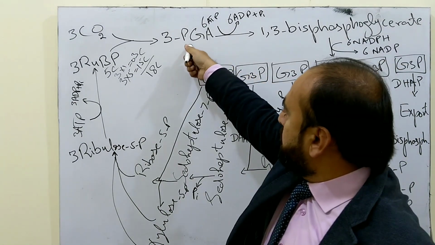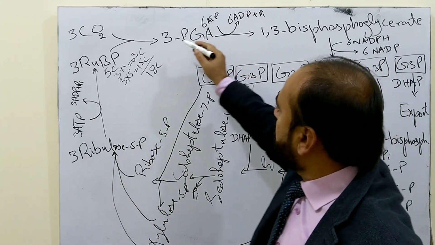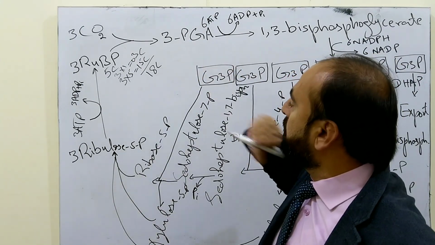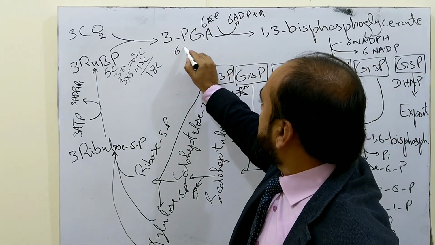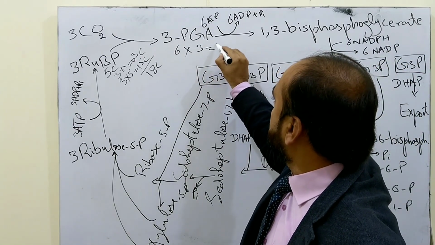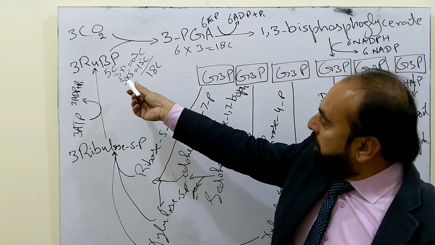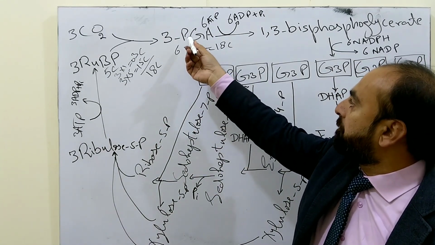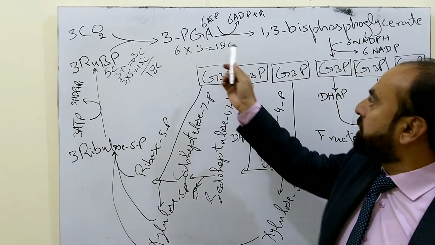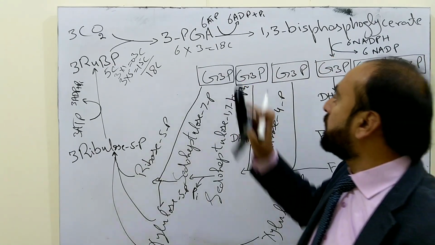And as I told you, phosphoglycerate is a 3 carbon sugar and 6 molecules of this 3-phosphoglycerate are made. So 6 multiplied by 3 is equal to 18 carbon. So we take 18 carbon and make 6 molecules of 3 carbon sugar, with the total carbon number remaining the same, 18 carbon.